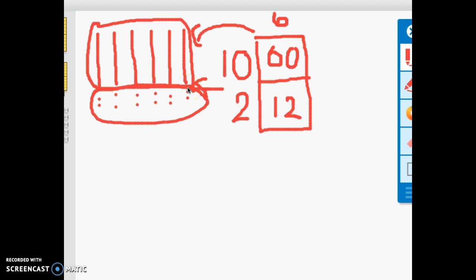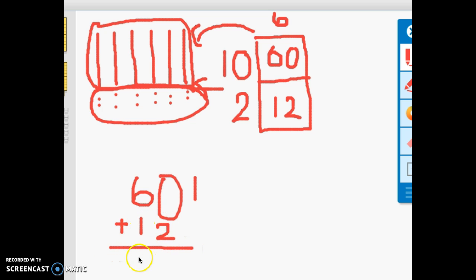So then we're going to add our partial products, 60 and 12. And that's going to give us the answer of 72.